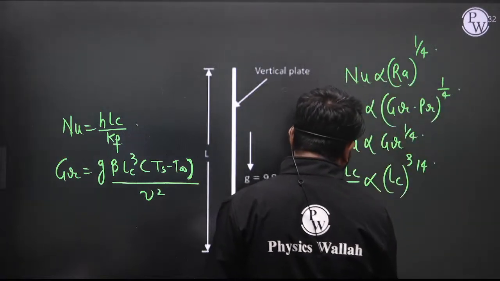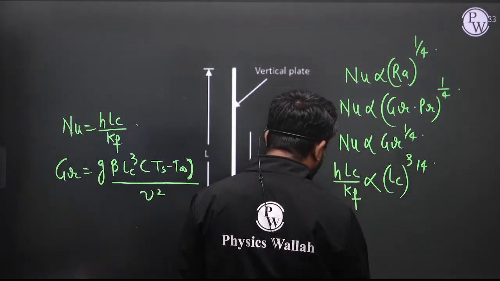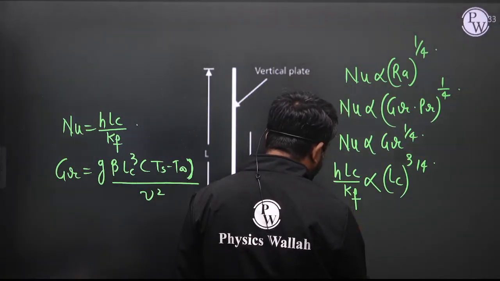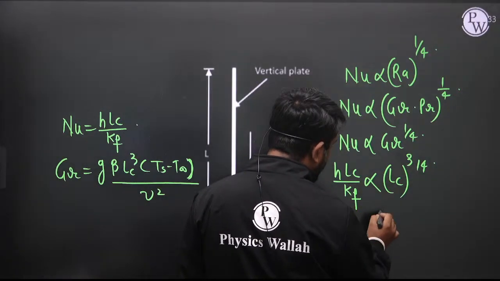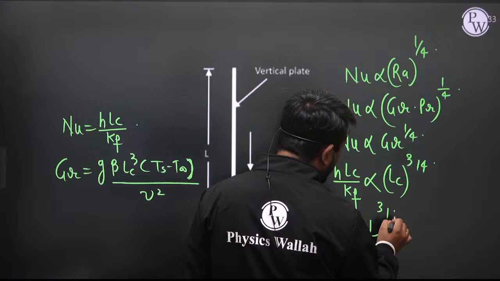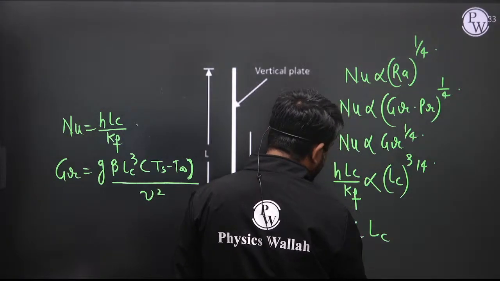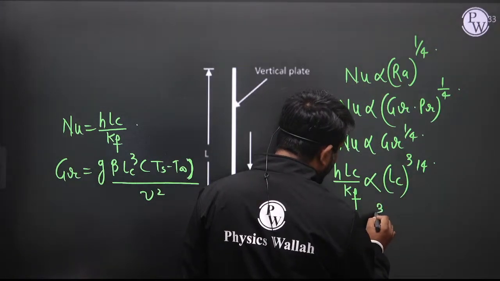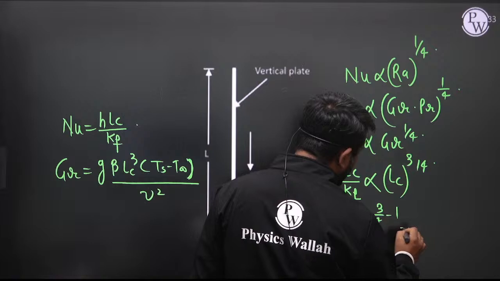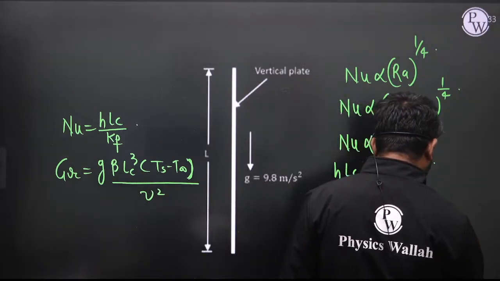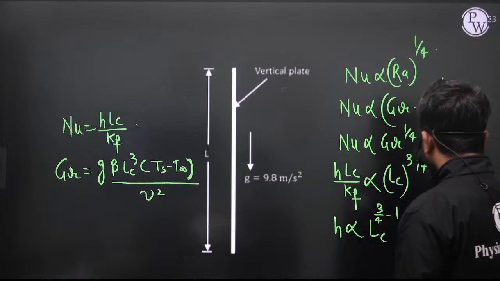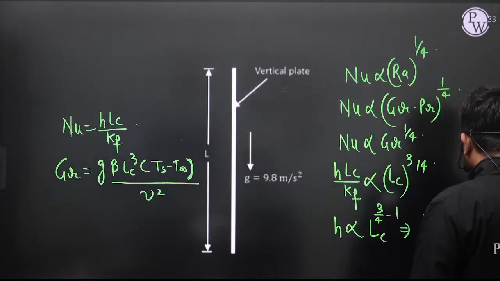Fine. Now see, this kf is also constant. Fluid properties are not changing, so we can write that h is directly proportional to Lc to the power 3 by 4 minus 1. We can write that h is directly proportional to Lc to the power minus 1 by 4.